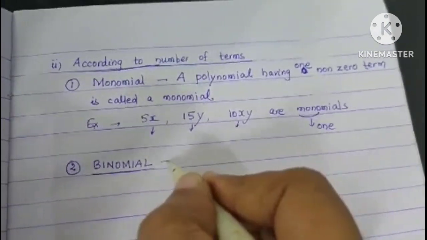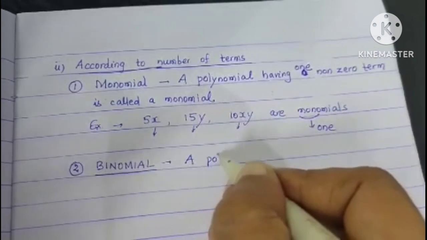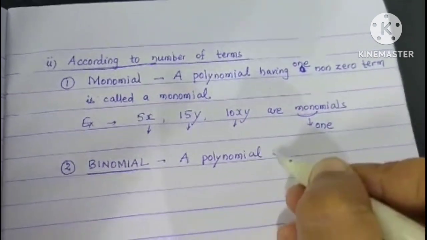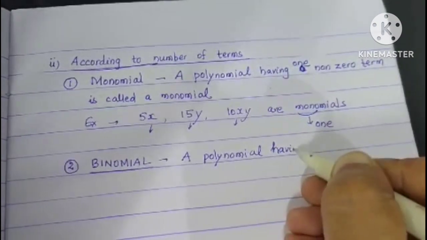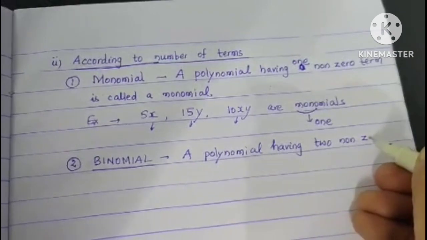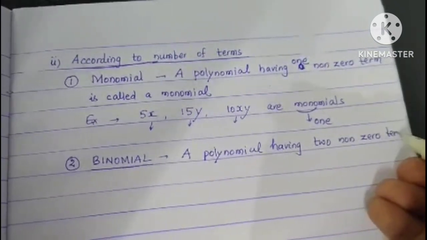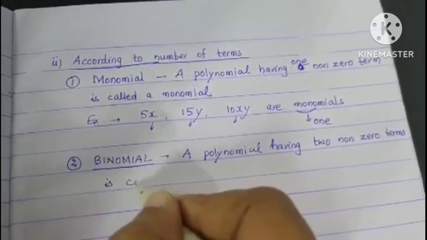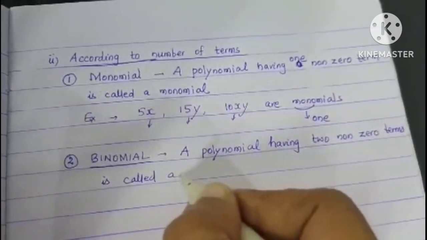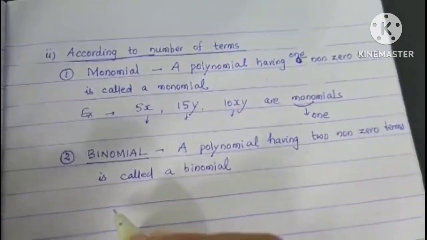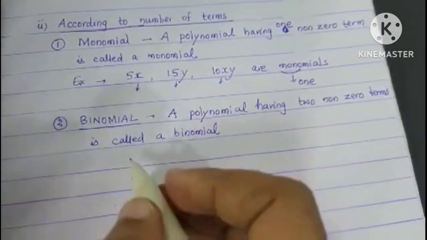As the name suggests, a binomial is a polynomial having two non-zero terms. So this binomial will have two non-zero terms.